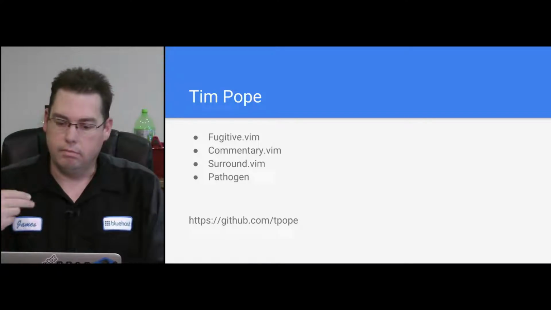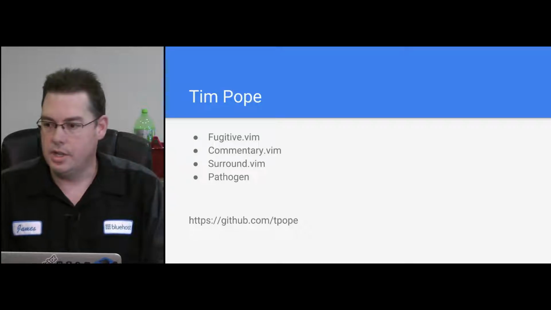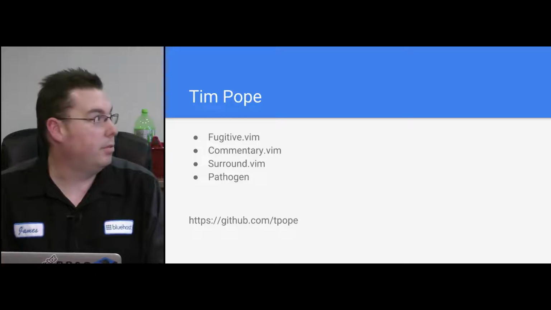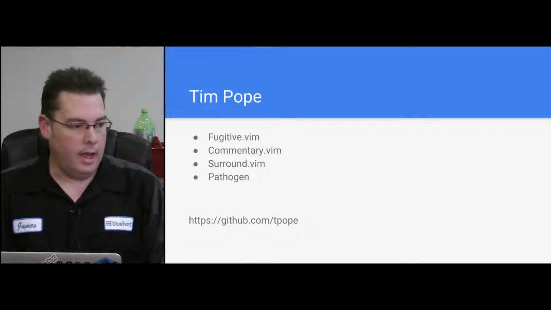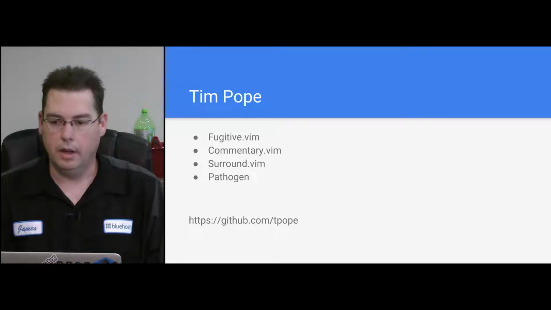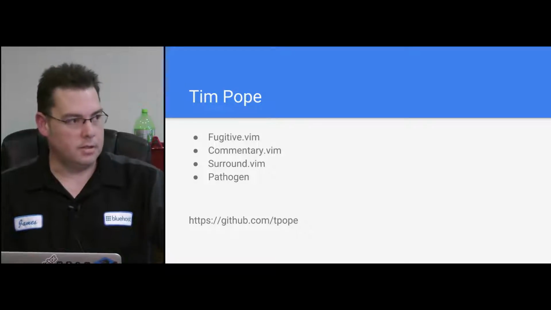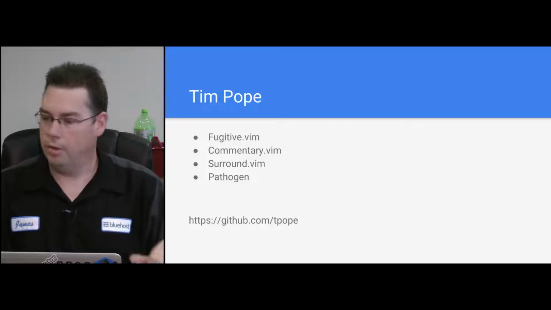It allows you to comment lines. So if you do a visual select and hit GC for comment, then it will comment it and toggle it back the other way. Surround, given an element, whether it's a word or a line or a visual selection, lets you surround things. So you can put parentheses, curly braces, square braces, quotes. You can change those surroundings with ease.